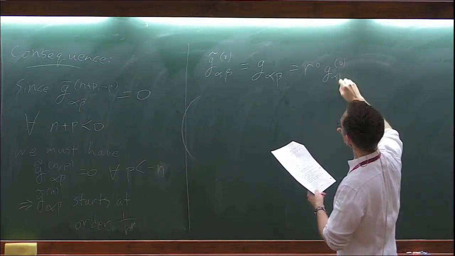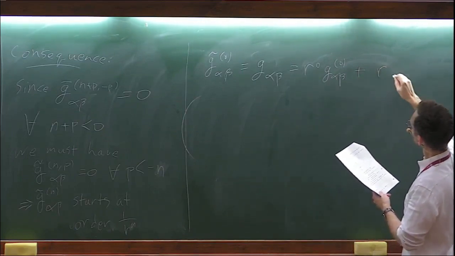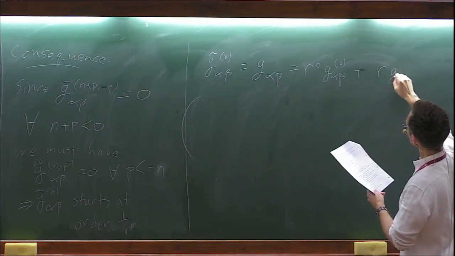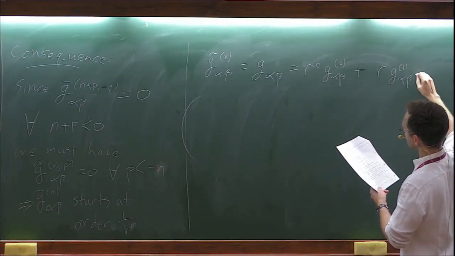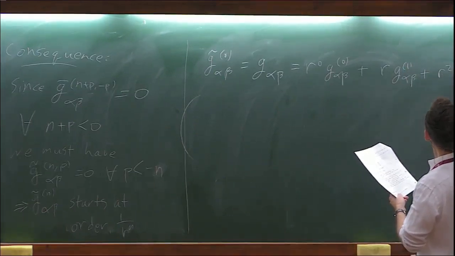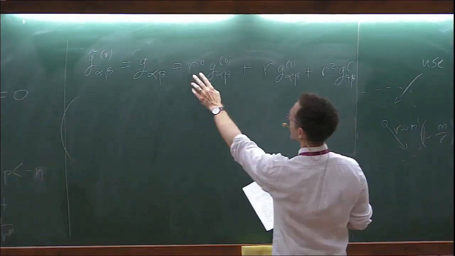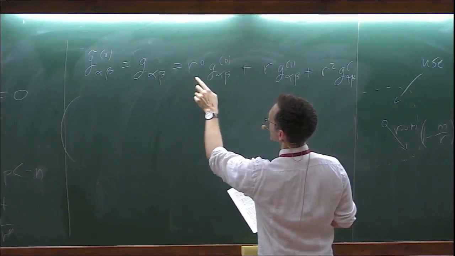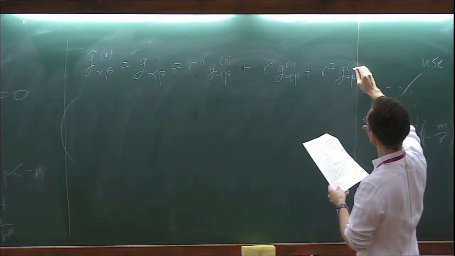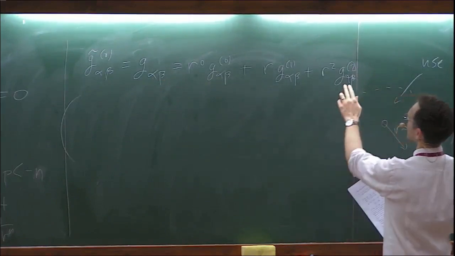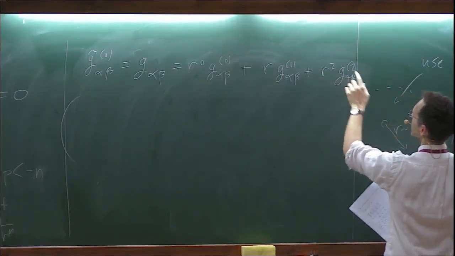0 alpha beta, and then you get higher powers of r. So the smallest power of r for the n equals 0 is r to the 0, and then you get all higher powers of r in your expansion for small r. And I'm just defining the coefficients to be g superscript p.